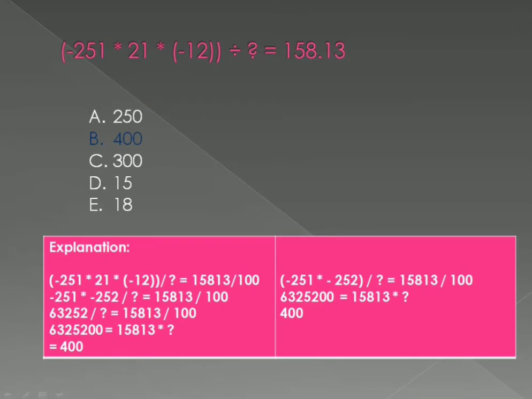Here it is minus 255, and you have to use the BODMAS rule. You have to solve the bracket first. If you solve the bracket, you will get 63,252, that is the answer. Here you can see it is in decimal point, so to make it simple, divide by 100, take out the decimal, and cross multiply the 100 with the opposite one.